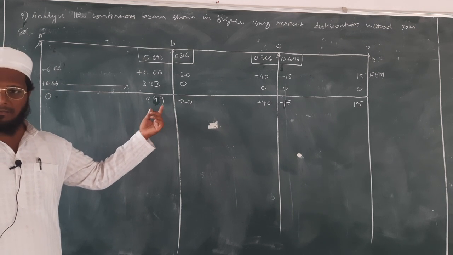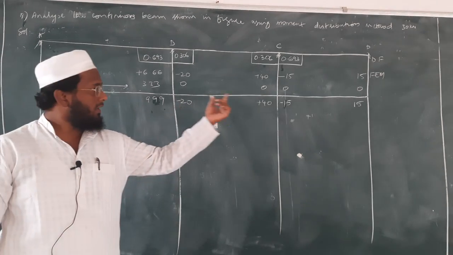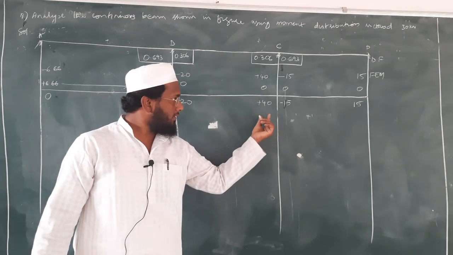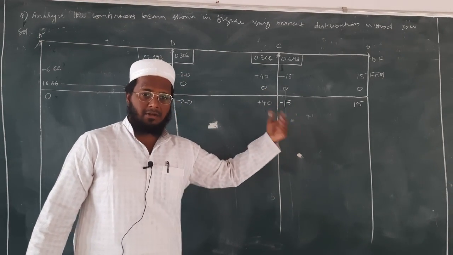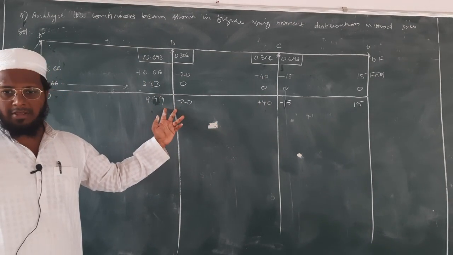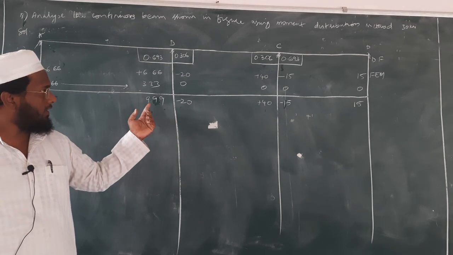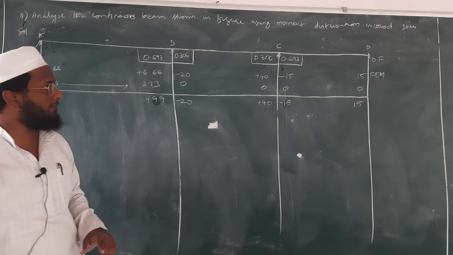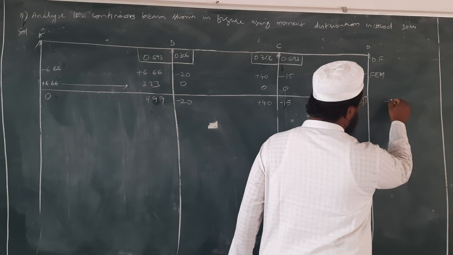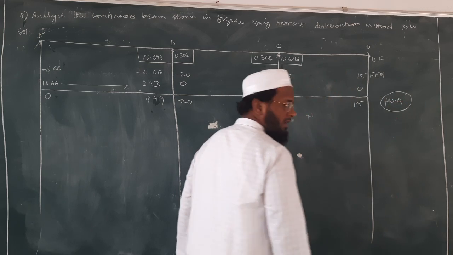Okay. Now carefully observe here now. We have here 9.99 and we have to balance at two places. Here also we have to balance, here also we have to balance, isn't it? Why? Because here also we have simply support. These two values should be same but in opposite sign, then only the moment will be 0. Here also both the values should be same but signs should be opposite, isn't it? So here we have 9.99 minus 20. 9.99 minus 20 is how much? Minus 10.01. Now this minus 10.01 I will make it as plus.